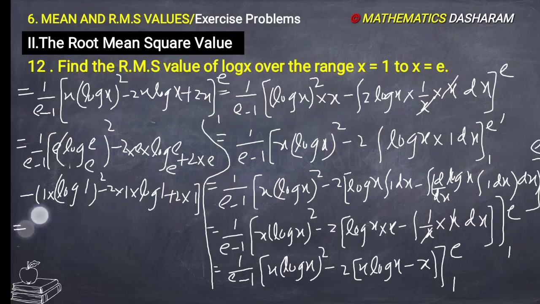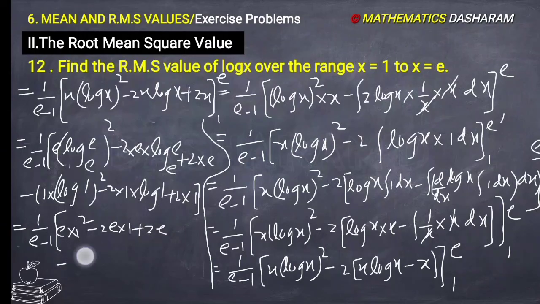It is equal to 1 by e minus 1, e into (log e base e is 1) 1 square, minus 2 into e into log e base e is 1, plus 2e. So minus, log 1 value is 0, minus, here log 1 value is 0, plus 2 into 1 is 2.